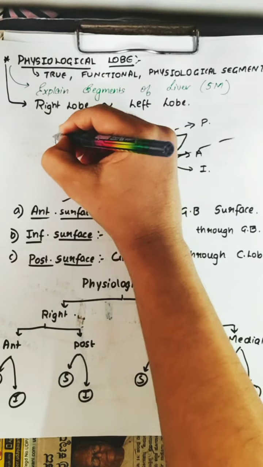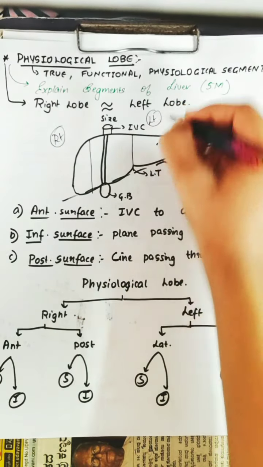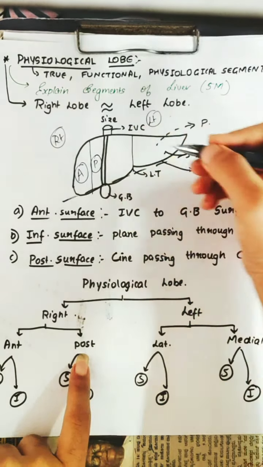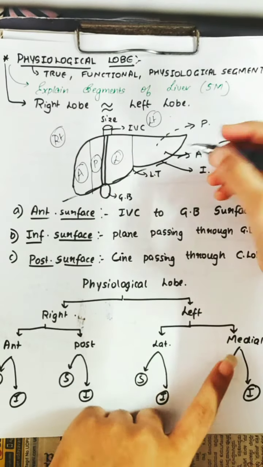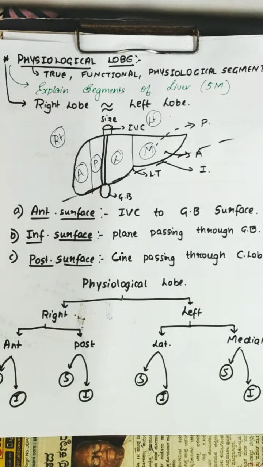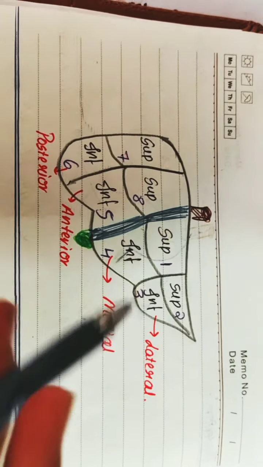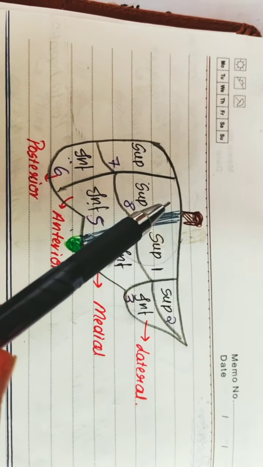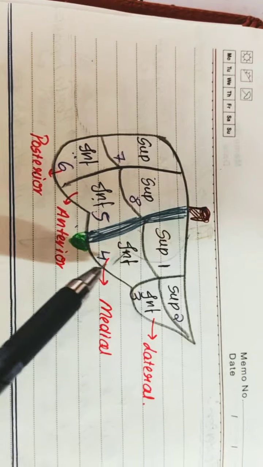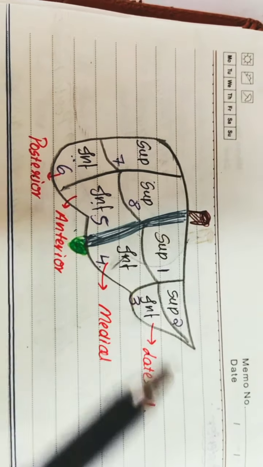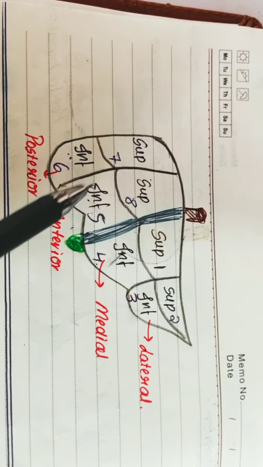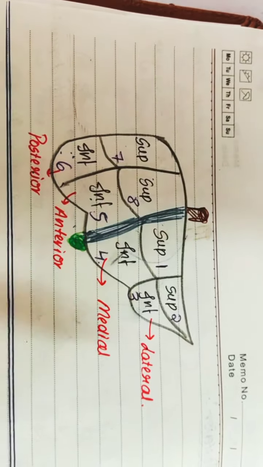It is classified as anterior, posterior, lateral and medial. Each is classified into superior and inferior: posterior has superior, inferior, anterior also has superior, inferior, medial also has superior, inferior, finally lateral also has superior, inferior. They are divided on the basis of segments. It is like 1, 2, 3, 4, 5, 6, 7, 8.